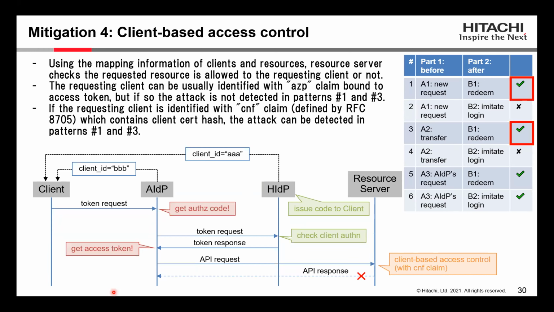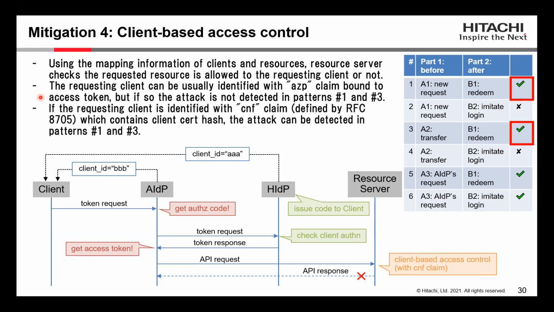Mitigation 4 is client-based access control. By using the mapping information of clients and resources, the resource server checks whether the requested resource is allowed to the requesting client or not. The requesting client can usually be identified with AZP claim bound to the access token, but if so, the attack is not detected in patterns 1 and 3. This is because in these patterns, AZP claim contains the client that is the correct value.